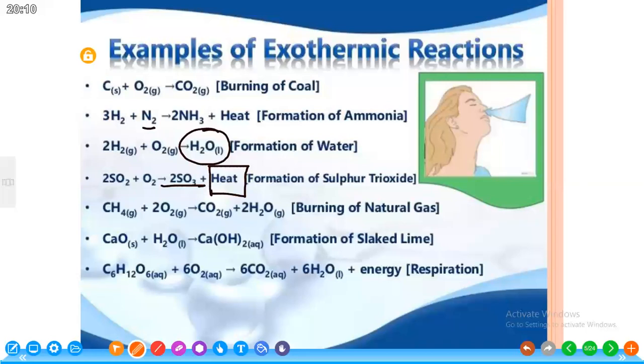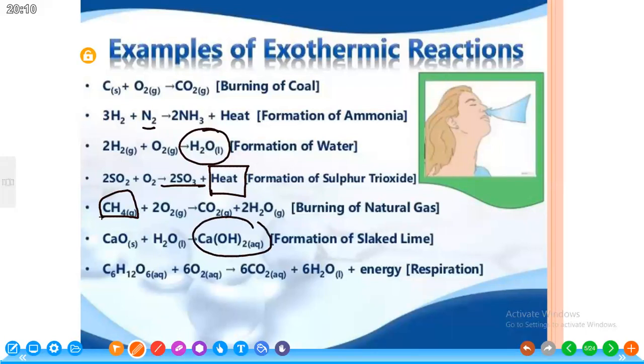And next, methane gas. Methane gas reacts with oxygen and forms carbon dioxide and water. During that time, the heat is lost to the environment, so that is also an exothermic reaction. Calcium oxide reacts with water and forms slaked lime.